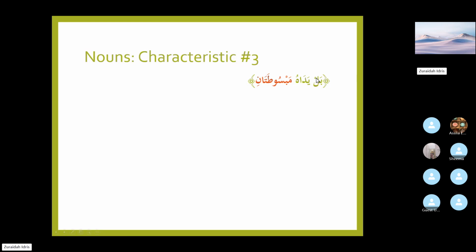Mabsutatani. Obviously this is an isim. We won't be doing this. Is this feminine or masculine? Is it singular or dual? Yes, Sister Asila, can you?